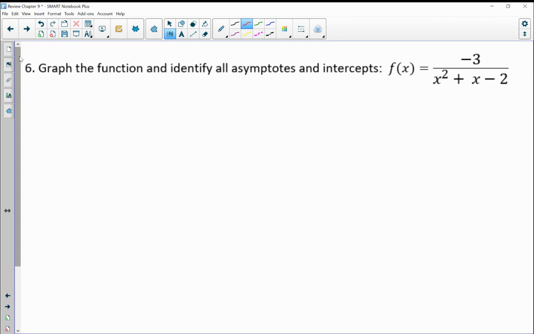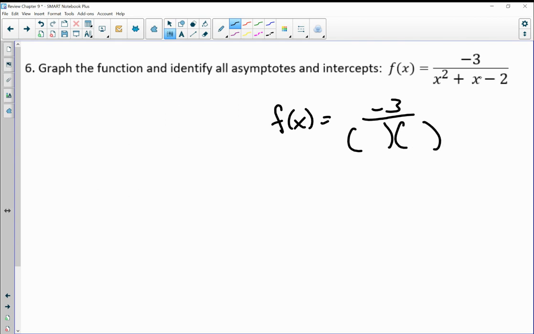So the x squared plus x minus 2, what can we do there? That's a factorable quadratic, right? That's going to give us plus 2 and a minus 1, right? x plus 2 and an x minus 1.